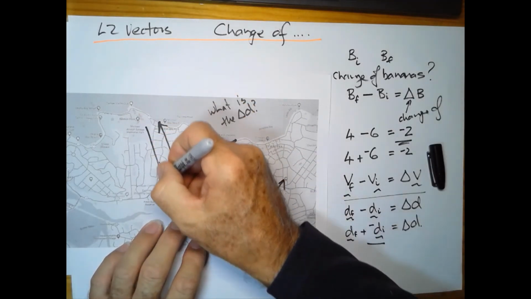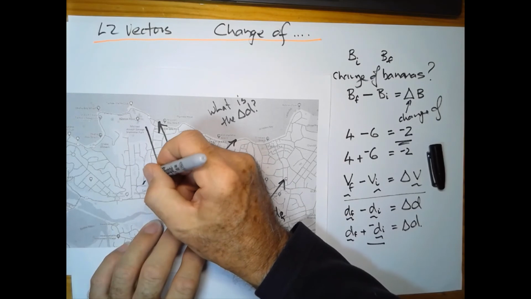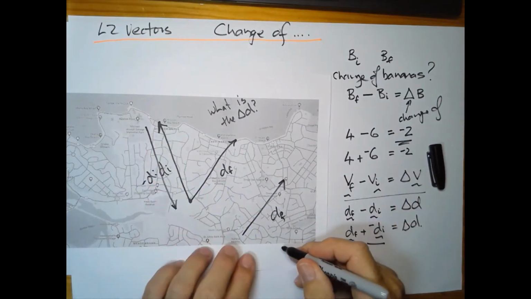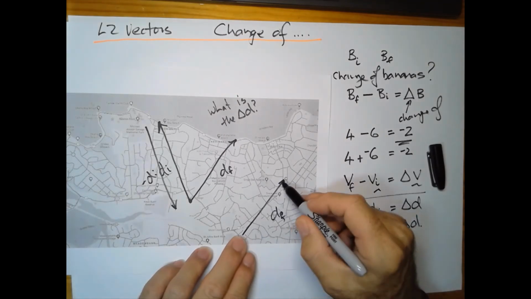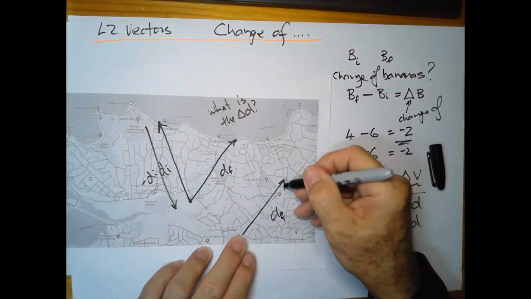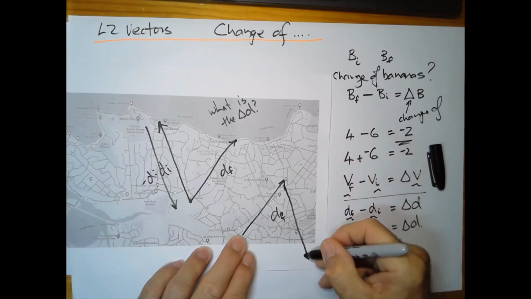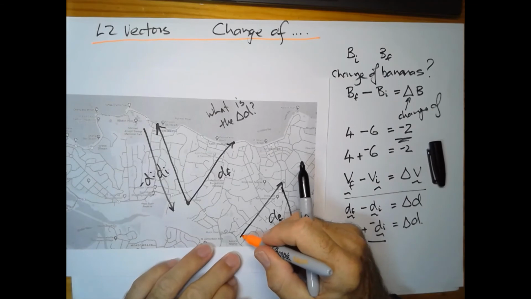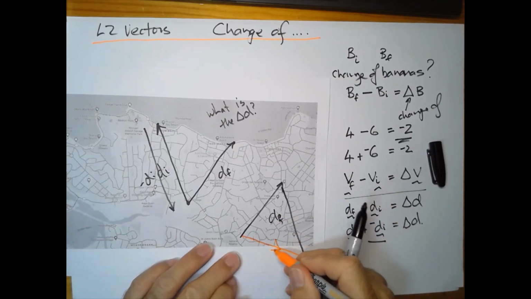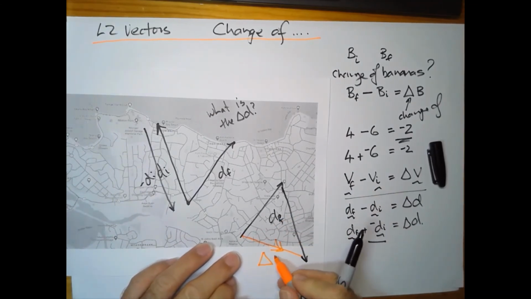Here then must be the negative of the initial displacement. So final displacement plus the negative of the initial displacement, and we can then say this resultant must represent the change of displacement.